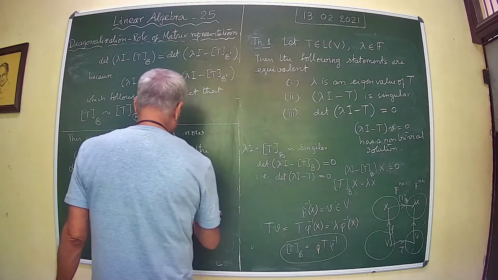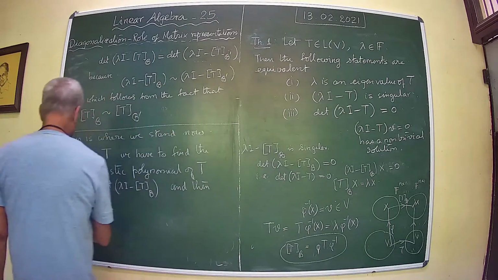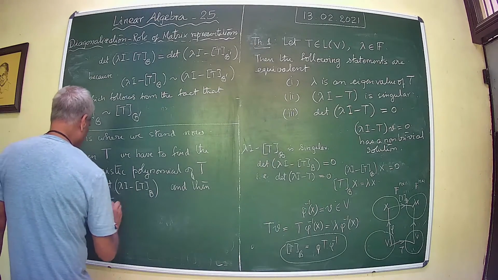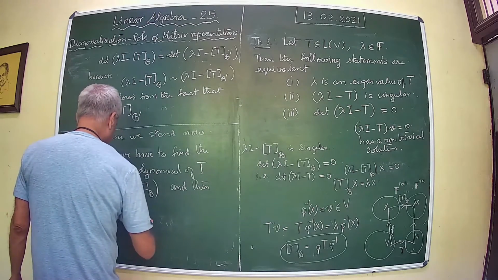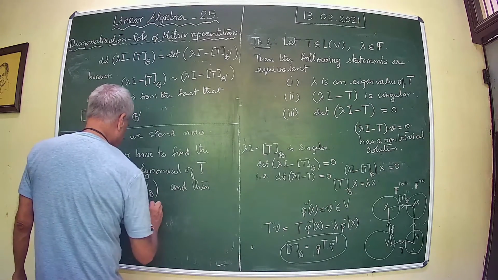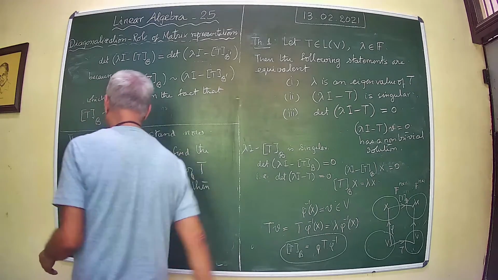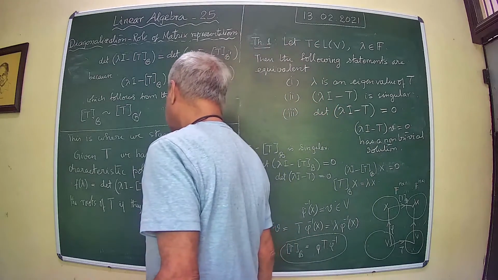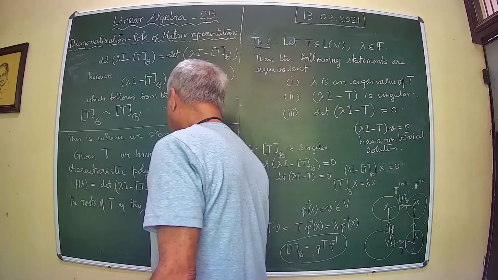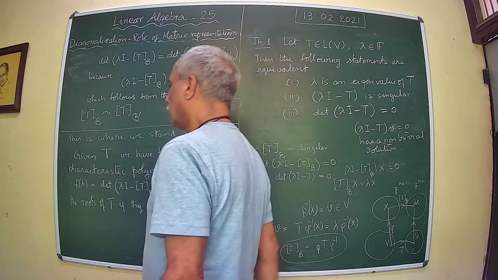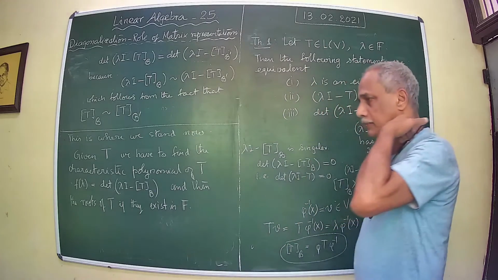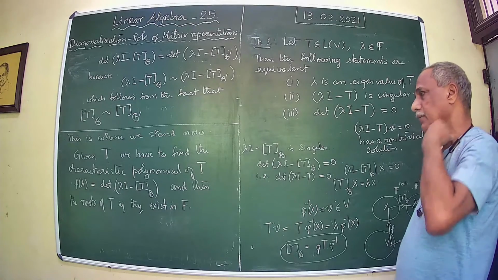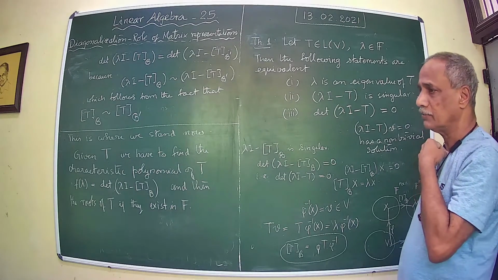And once you get the roots of lambda, they turn out to be what are called the eigenvalues of T, and you have to find the corresponding eigenvectors.